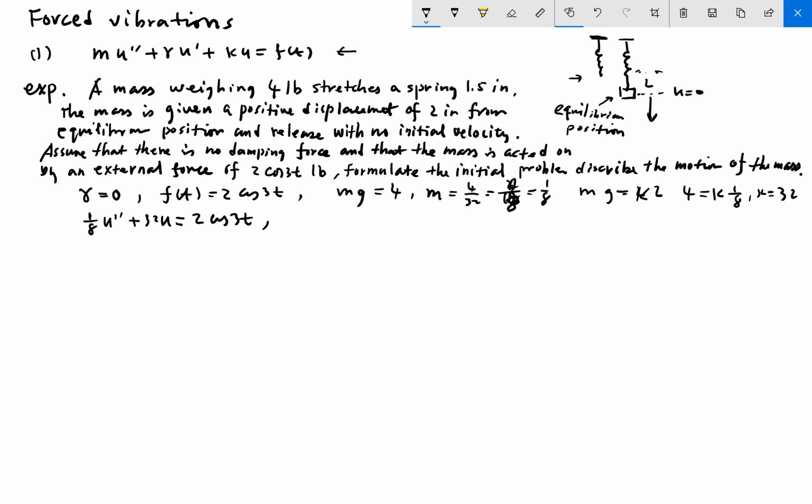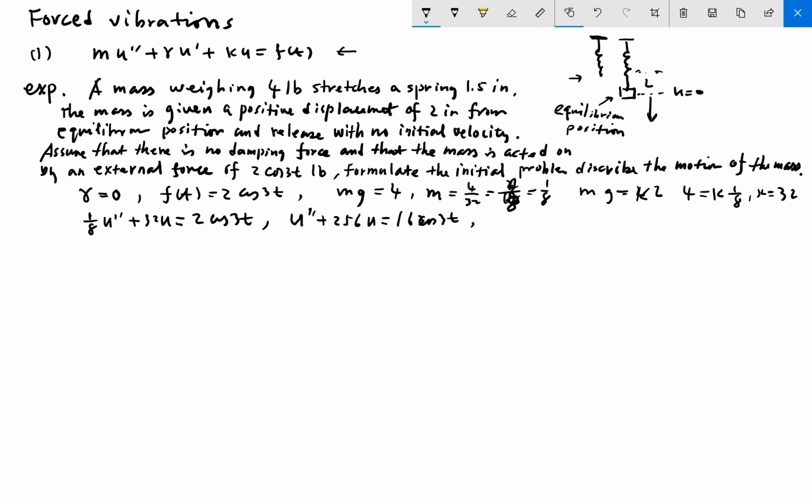Now let's simplify this equation by multiplying by 8 on both sides. We got u double prime plus 256u equal to 16 cosine 3t. So we get a second-order linear non-homogeneous equation.